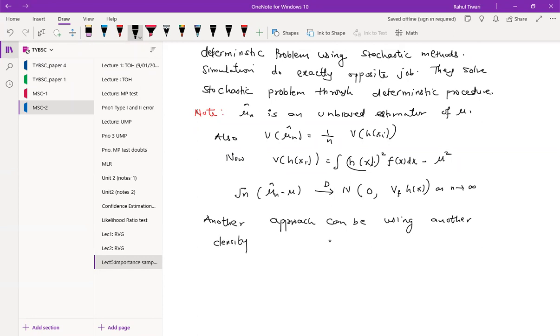Now see, I'm introducing another density function, let's say that is q of x. So mu is equal to the integral of h of x, the usual function, into the probability which is already there, dx. Now I am dividing by q of x and multiplying by q of x.